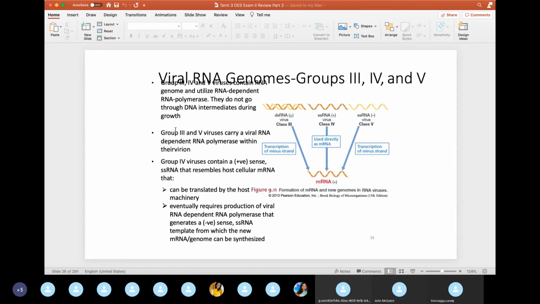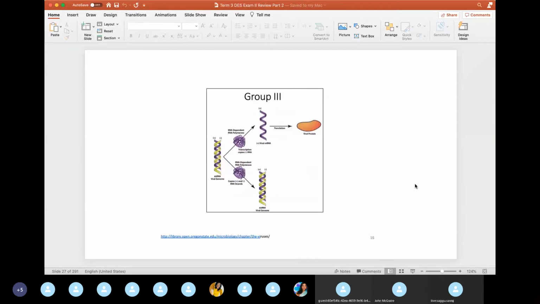Don't forget group 3 and 5, they carry a viral RNA-dependent RNA polymerase. Highlight that one. That's high yield. Groups 3 and 5, they carry RNA-dependent RNA polymerase. And group 4, as I've said, they contain positive sense that can be used directly as mRNA.